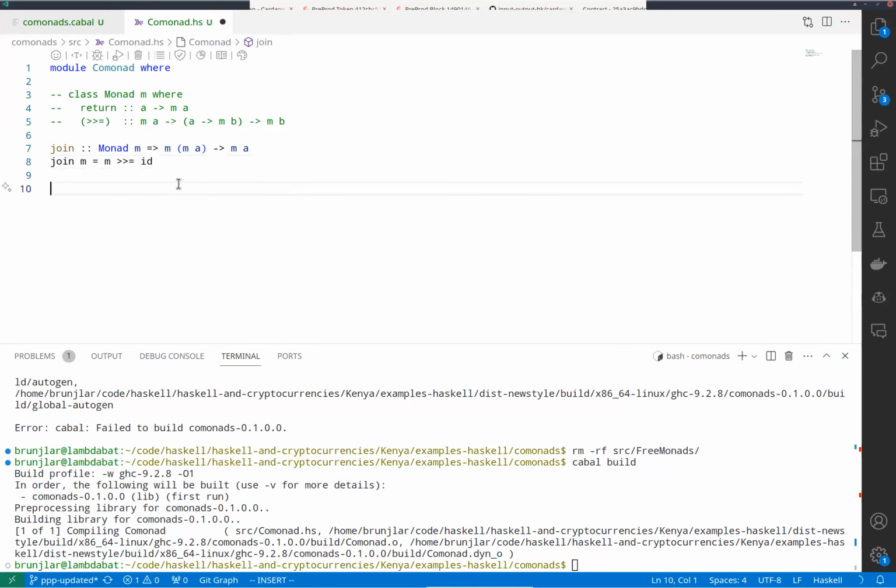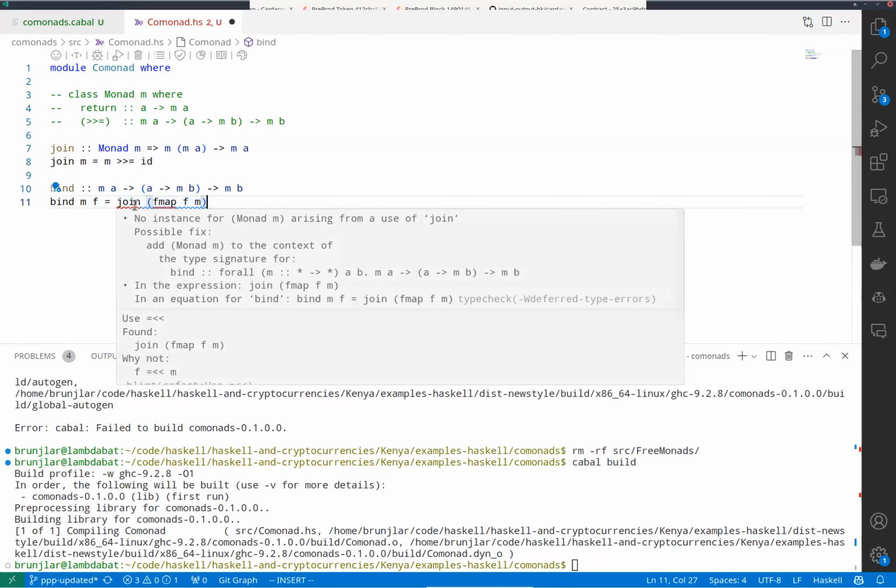And you can also define bind in terms of join.